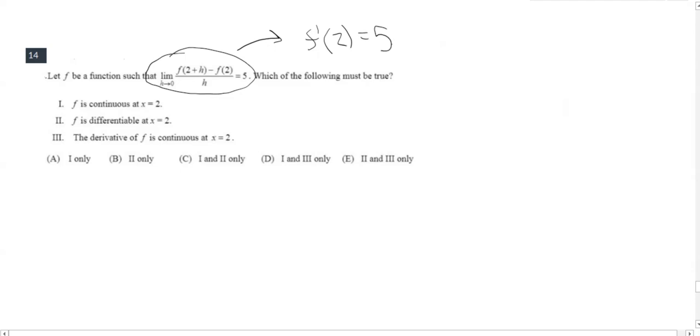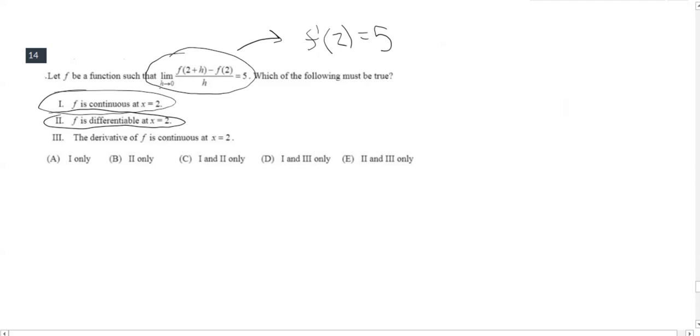Now, since the limit exists, and the limit is the limit definition of the derivative, the function is going to be differentiable at x equals 2 because the value of the derivative exists. Since the function's differentiable, there's a theorem that says anytime a function's differentiable, it's also continuous there.